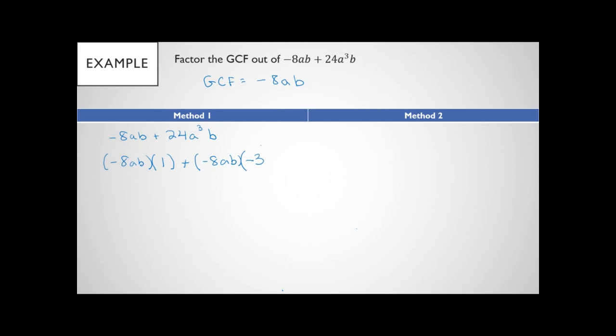I have an a. I need 2 more to get me to the a cubed. And then I already have the b, so I don't have to add 1. So I started with the GCF, and then I had to fill in what I needed so that if I multiplied it out, I would go back to the first step.